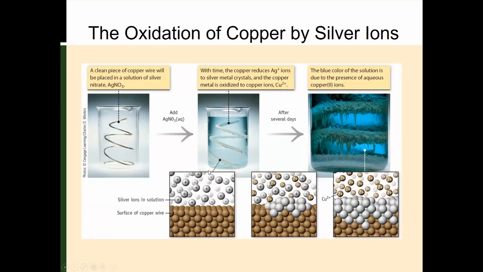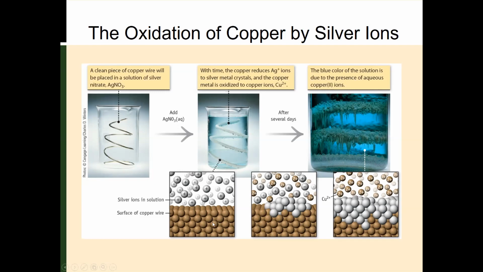Okay. One of the common ones that we see, a very spontaneous reaction: if we take a piece of copper wire and we put it in a silver solution, eventually the silver is going to form solid and our copper is going to turn our solution blue.